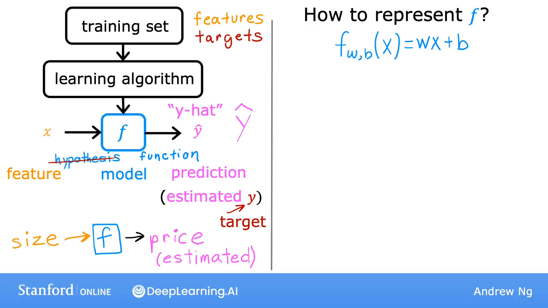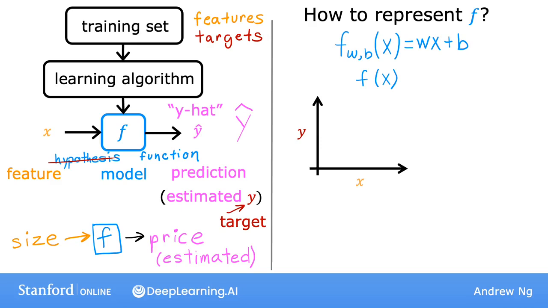As an alternative to writing this f_w,b of x, I'll sometimes just write f of x without explicitly including w and b in the subscript. It's just a simpler notation, but means exactly the same thing as f_w,b of x. Let's plot the training set on the graph where the input feature x is on the horizontal axis and the output target y is on the vertical axis.